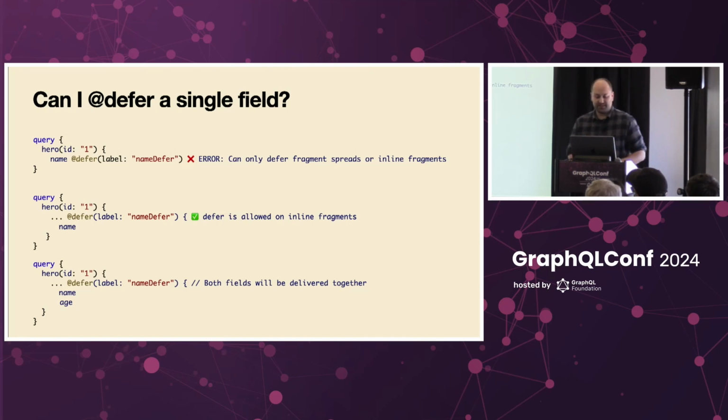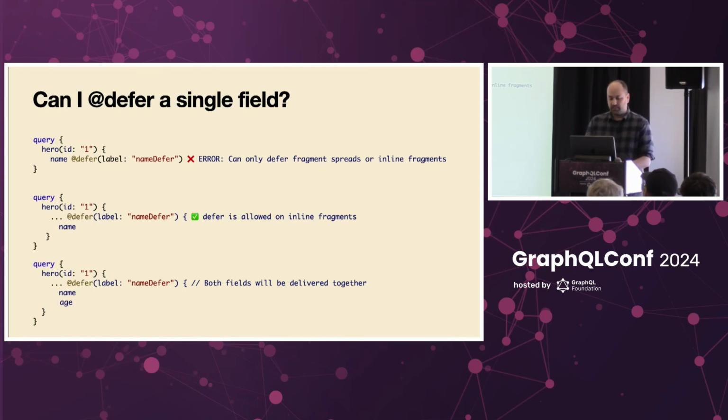Our expectation is that GraphQL fragments are going to be associated with a UI component, and a deferred fragment is a good fit for a UI component that's going to be loaded asynchronously. We found in practice that it's rare to only need one field for these components. Usually, it's a component that needs a bunch of fields, and you want them all to arrive at the same time. And when that's ready, that's when you can render that component.